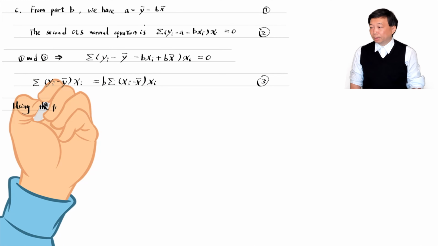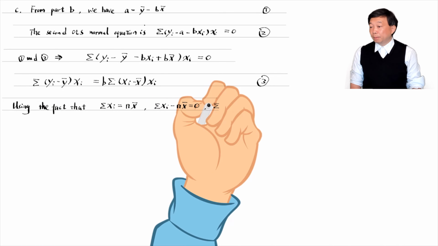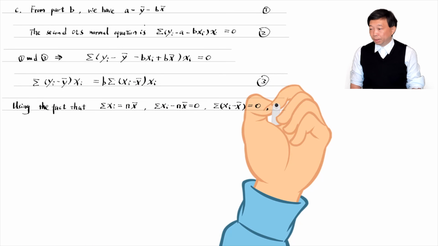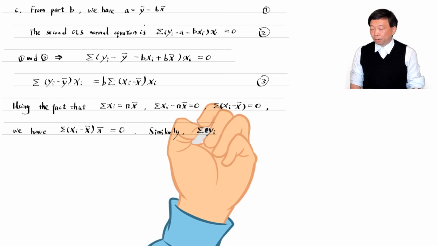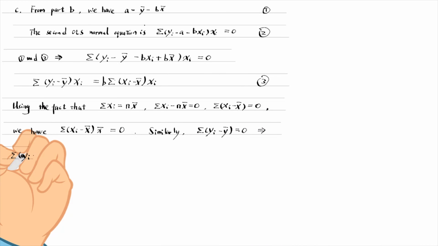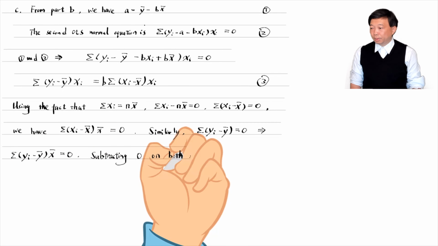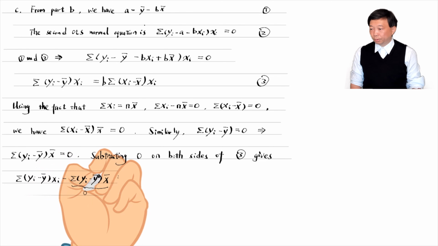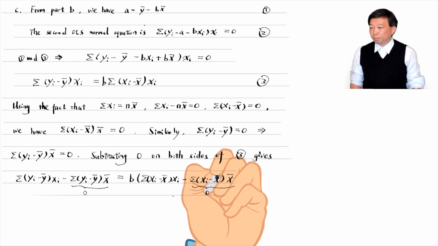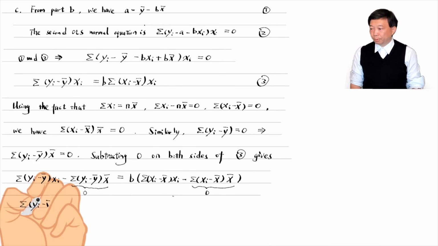Using the fact that sample sum equals sample size n times sample mean, and a constant multiplied by 0 equals 0, and subtracting 0 from both sides of equation 3 gives the OLS estimator b's expression.